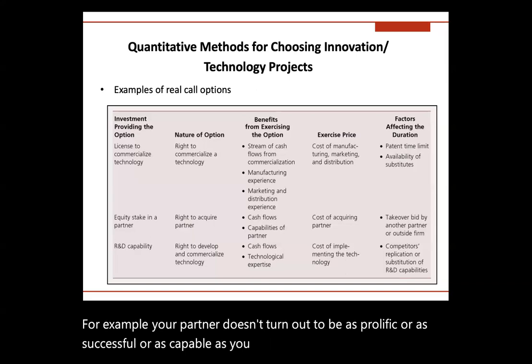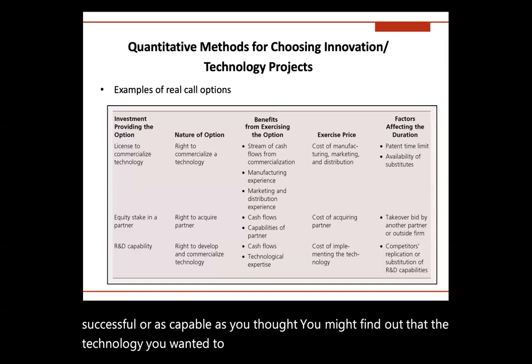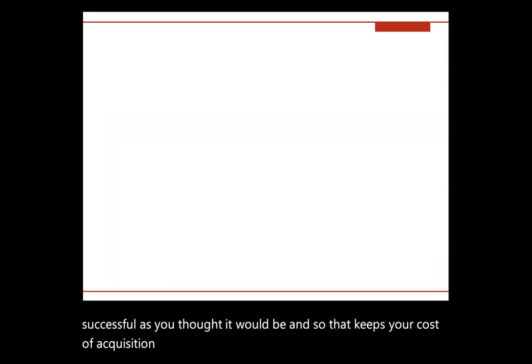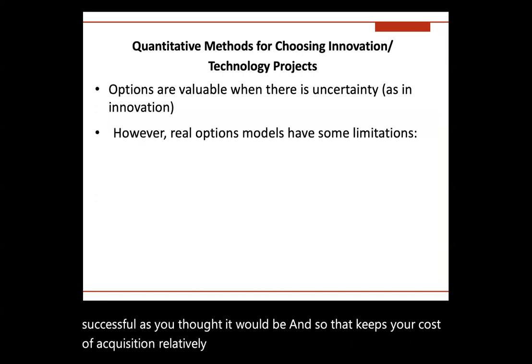You might find out that the technology you wanted to acquire isn't as spectacular or as successful as you thought it would be. And so that keeps your costs of acquisition relatively low.